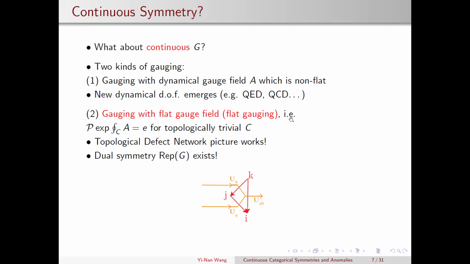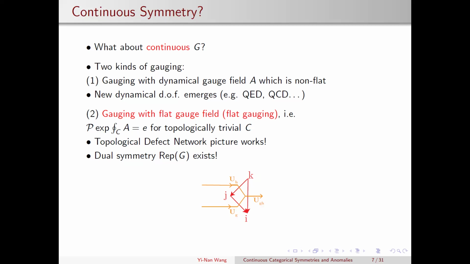But today I'm going to emphasize that in order to use the TDL or dual symmetry or anything like SymTFT that I'm going to introduce later, you have to use the second type of gauging, which is gauging with a flat gauge field, or in short, flat gauging. So what do we mean by flat gauging?